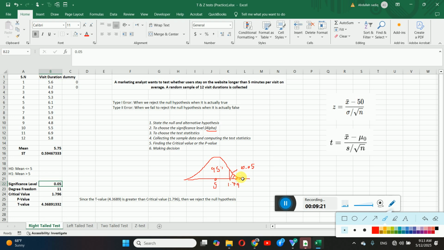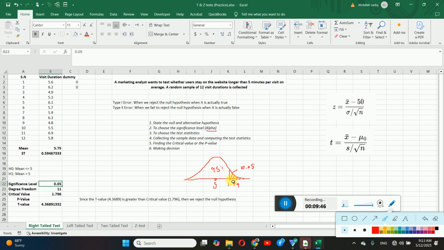But when you reduce the alpha, the type 1 error, at the same time the chance of type 2 error, dear student, increases. Why? Because when you move this critical region to the right side, it is less likely to reject the null hypothesis, and you are giving the chance for the null hypothesis not to be rejected when it might be false.